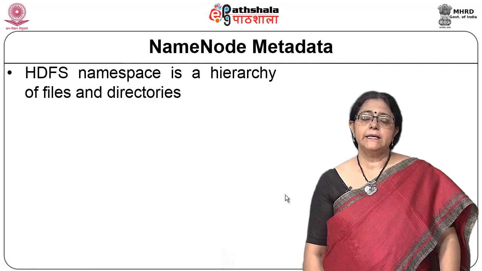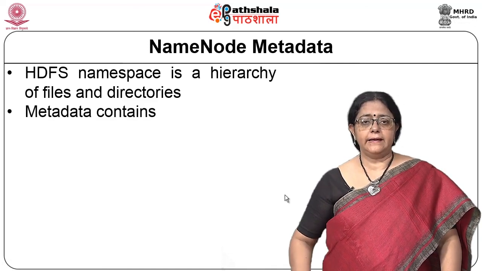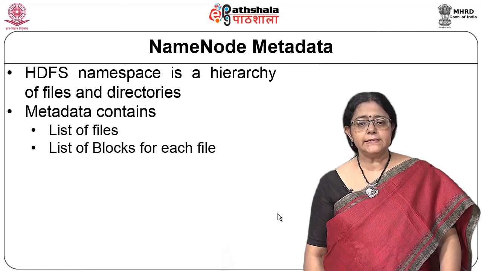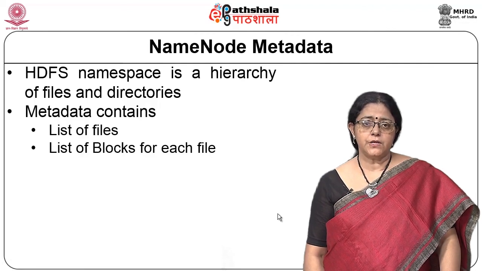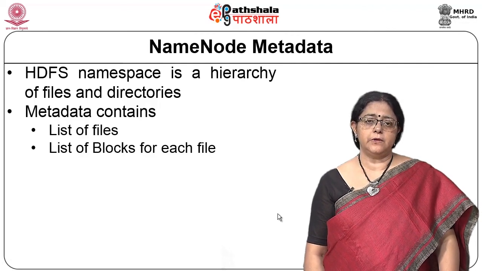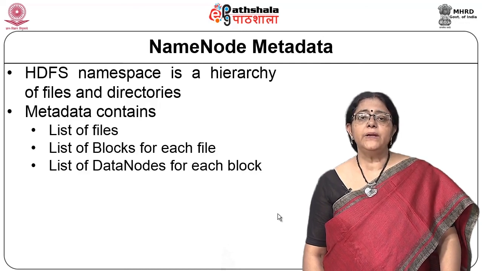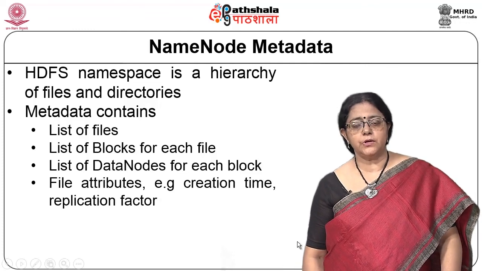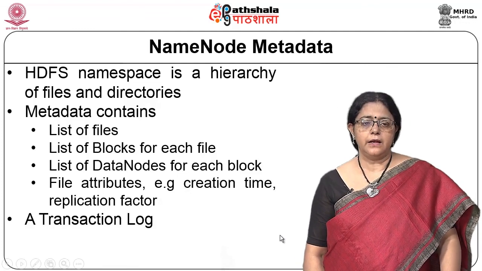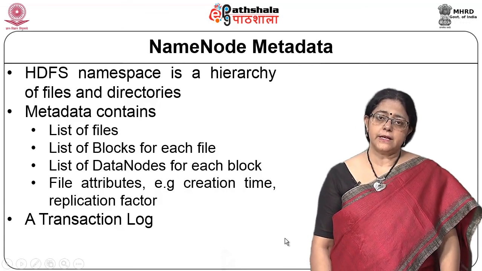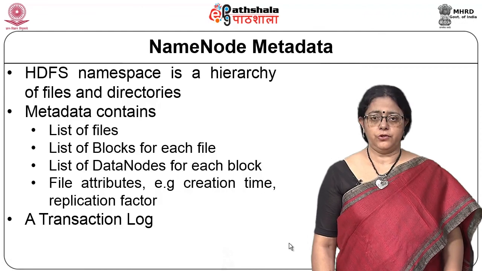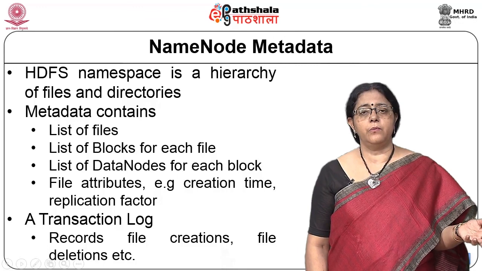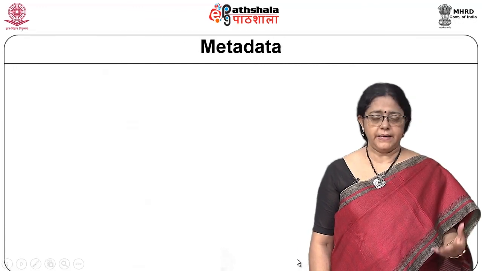The namespace is a hierarchical file and directory environment and the metadata that it contains will be the list of files, the blocks for each of the files, because the name node splits the data file into blocks, which data node contains which blocks, how many replications, and the file attributes, the creation time, the replication factor, etc. It further maintains a transaction log to ensure fault tolerance, and this is the record of what files were created, what have been deleted, how they have been updated, etc.